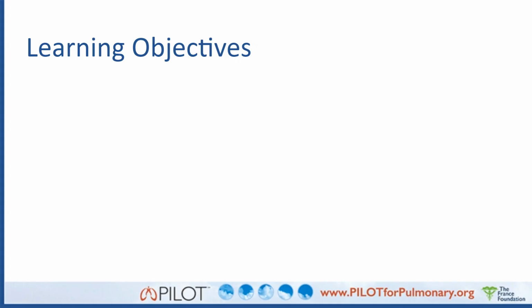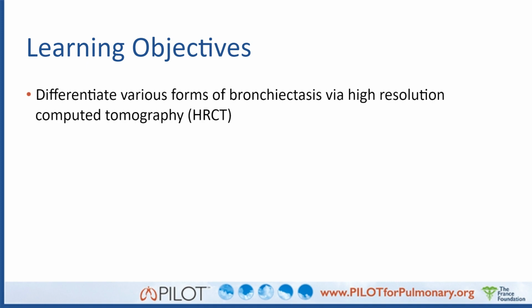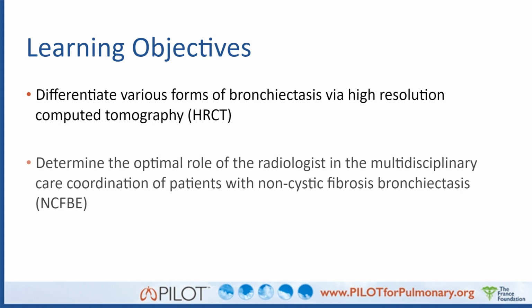Our objectives today are to talk about the radiologic features of bronchiectasis, to differentiate the various forms of bronchiectasis that we see in high-resolution CT scans, and to help understand the role of the radiologist in the care of patients with bronchiectasis.